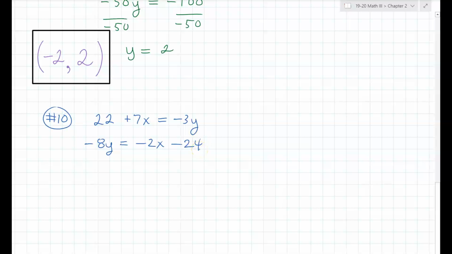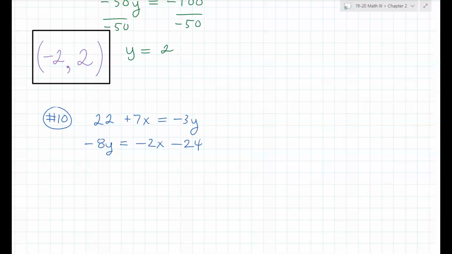Now, if you remember what I told you guys earlier, you got to get two equations, align them vertically, and I told you make sure the variables are matching up. And if you look, they're all over the place. Okay, so I'm going to have to get the top equation, the 22 plus 7x equals negative 3y, and I'm going to have to make it so that there's an x, a y, and a number.